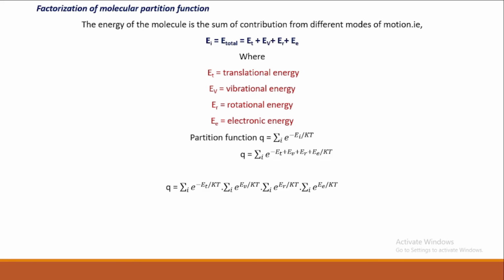So Q can be summarized as sigma i e raised to minus E translation by kT into sigma i e raised to minus Ev by kT into sigma i e raised to minus Er by kT into sigma i e raised to minus Ee by kT.